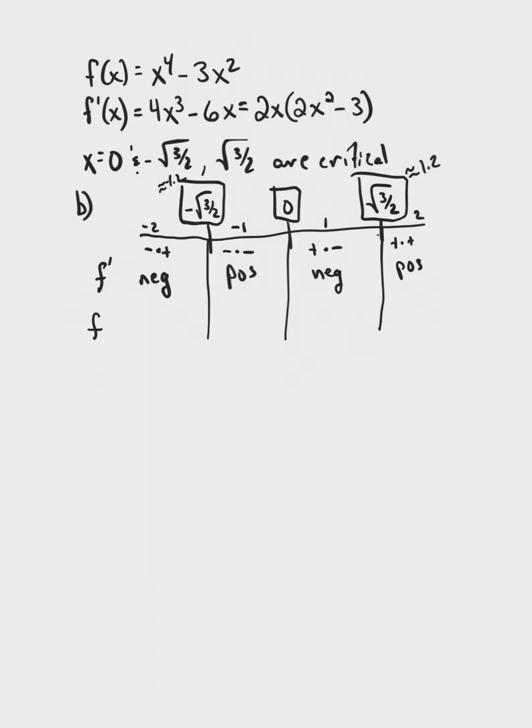All right. So that means here f is decreasing, and then it's increasing, and then it's decreasing, and then it's increasing. Okay. So the graph goes down and then up and then down, and then down and then up. So here I have a minimum, here I have a maximum, and here I have a minimum. All right.